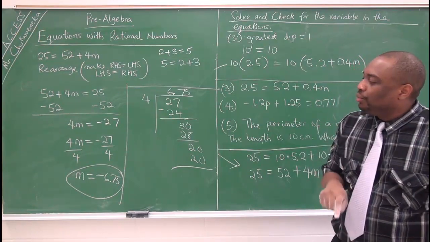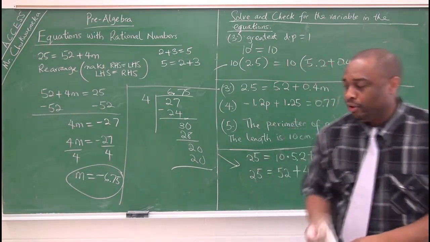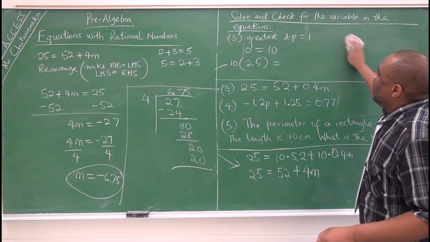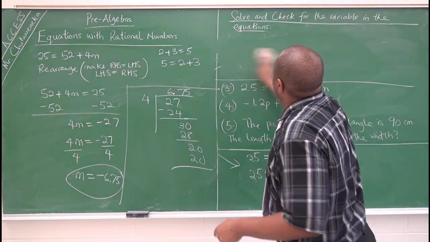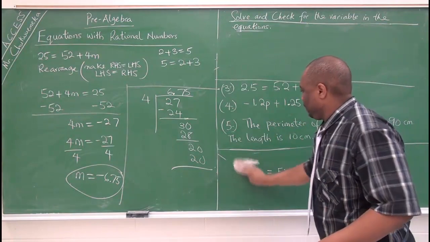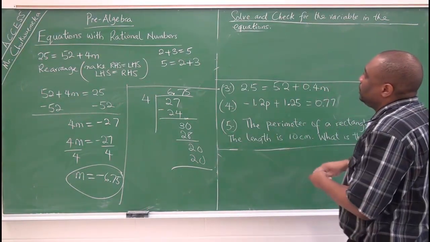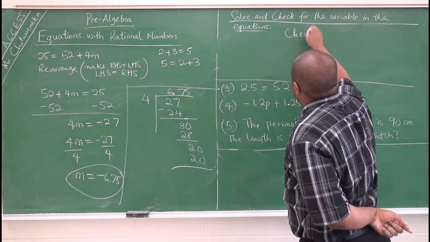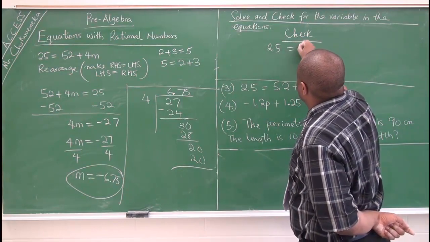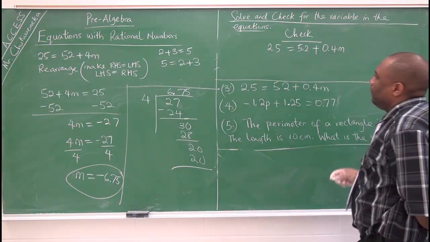All right? Now, the next thing we have to do is to check our work to see whether we are right or wrong. So let's check, from the main equation. We write check. We write the main equation: 2.5 equals 5.2 plus 0.4m.